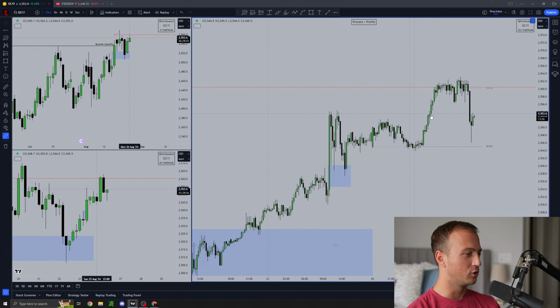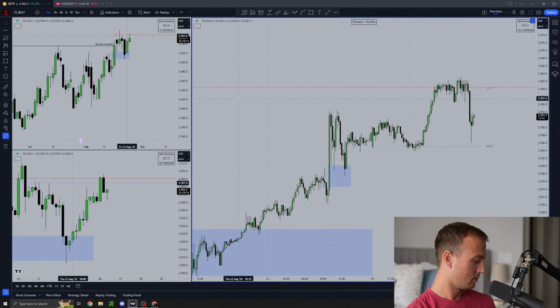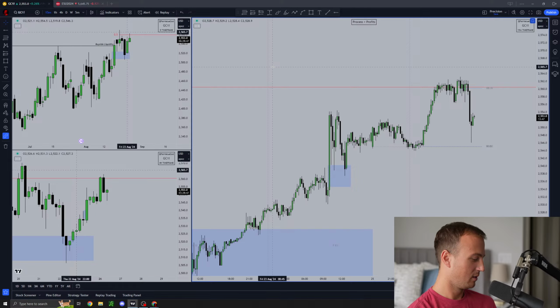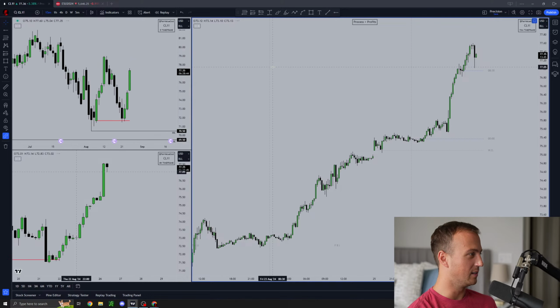Like I'd feel more comfortable shorting gold than I would oil. At least gold's kind of had that back and forth, still trending higher, but compare, I'd rather short that than this. Or it's just been up, up, up, up, up, straight one-sided.